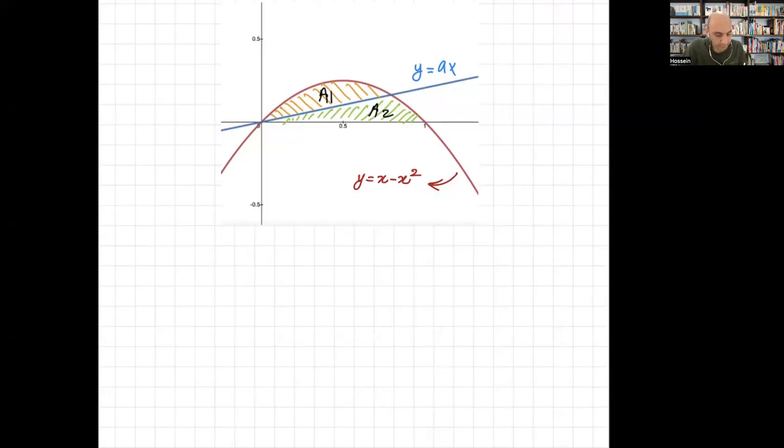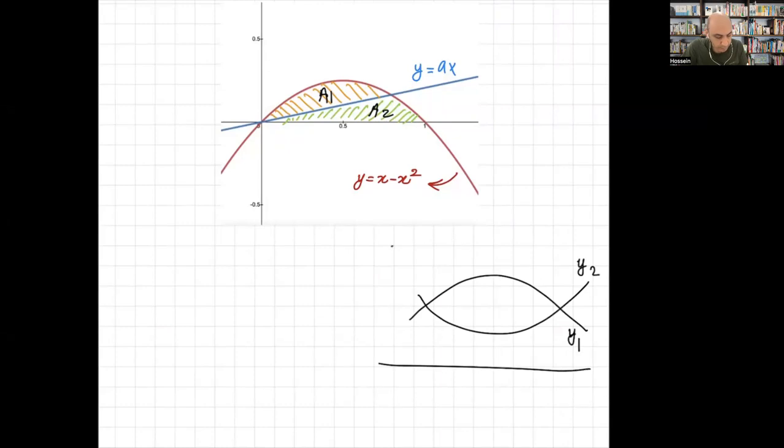If you have a curve like this one, let's call this one y1, and then you have another curve like this one, let's call this one y2, and this is our coordinate system, x and y, and then we wanted to find the area confined in between the two curves. So this area is calculated using this formula.